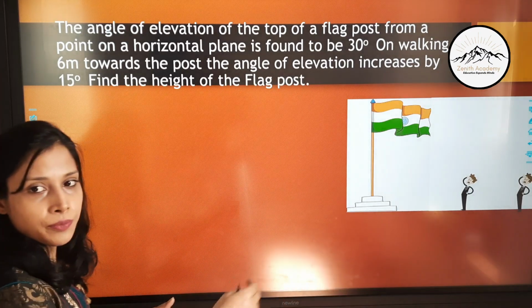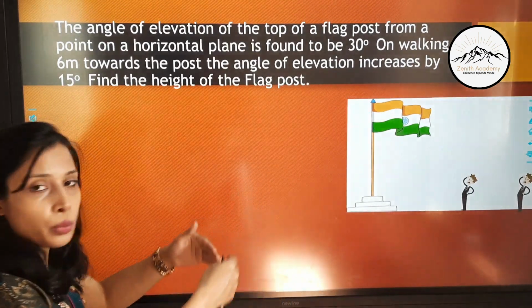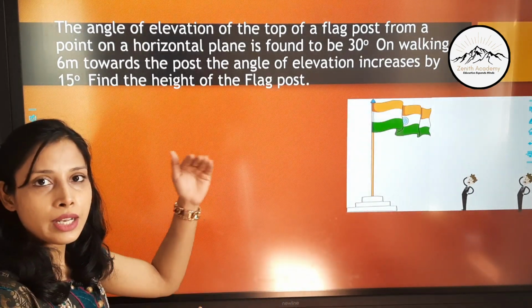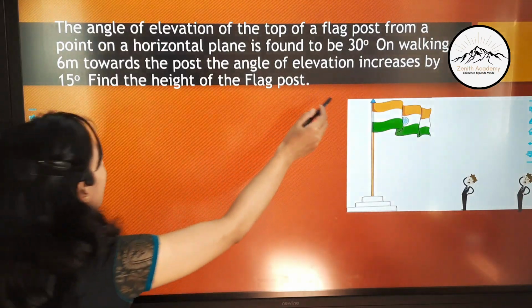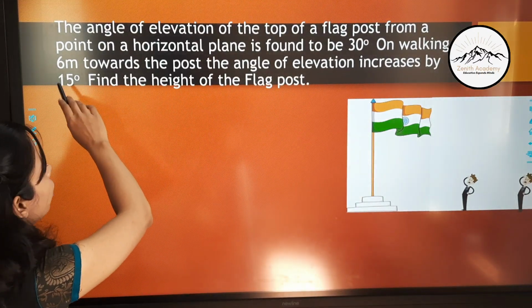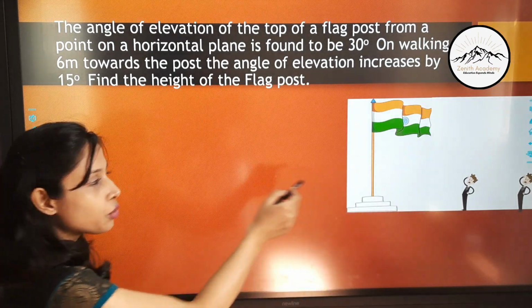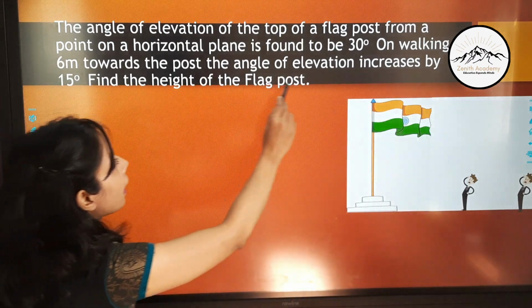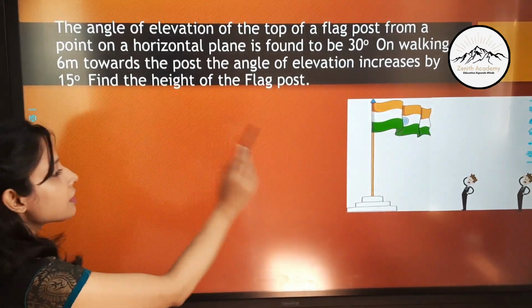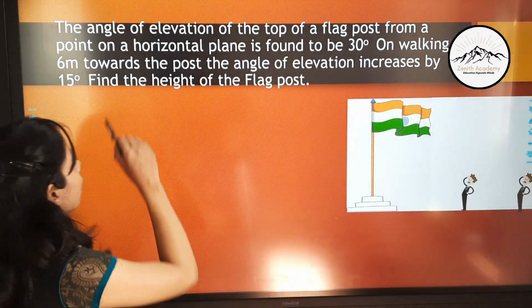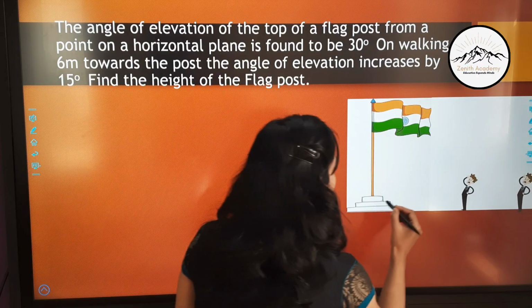As he is walking towards the flag post, the angle of elevation will gradually increase. So our question is saying, on walking 6 meters towards the flag post, the angle of elevation increases by 15 degrees. Find the height of the flag post.